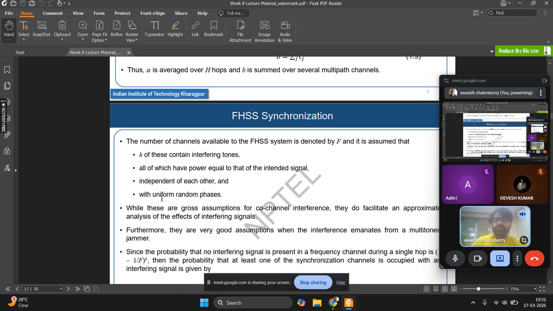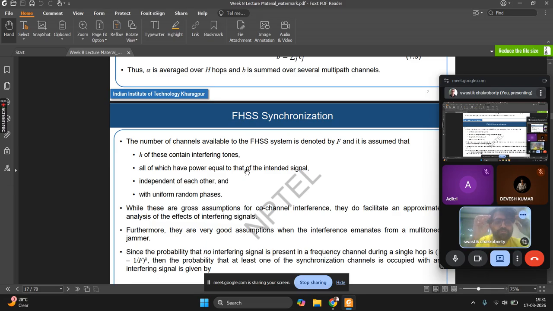The rest will be used by the other users, because that is the point of FHSS: all hops will not be used by one system at once, so we can assign the other hops to other systems, and together we can multiplex a lot of users.